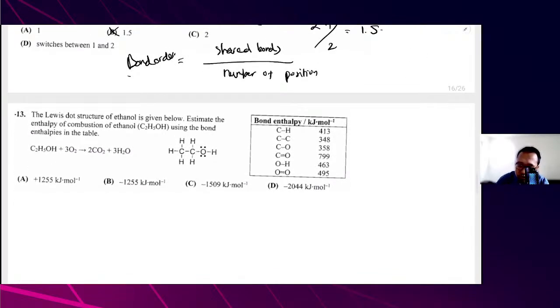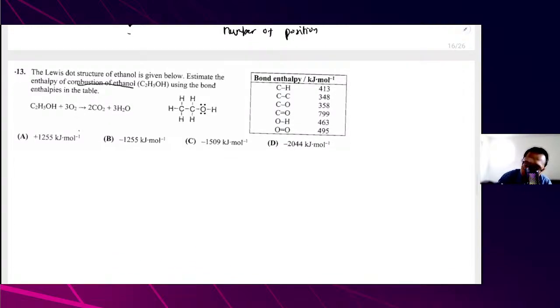The Lewis dot structure of ethanol is given below. Estimate the enthalpy of combustion of ethanol using the bond enthalpies in the table. For this case, guys, we need to know the equation: product minus reactant or reactant minus product.